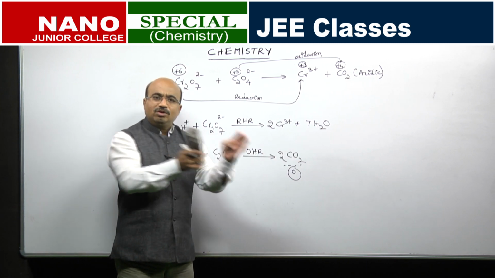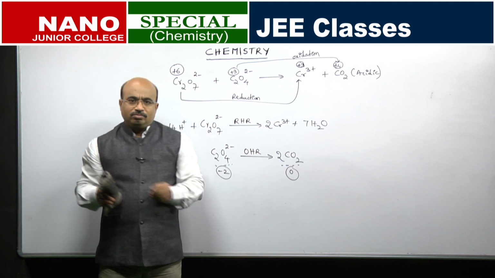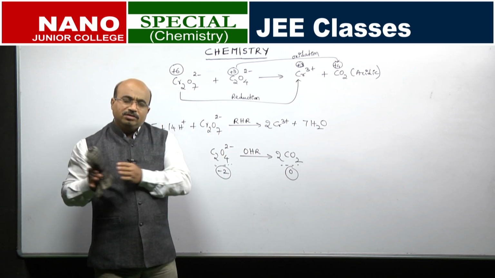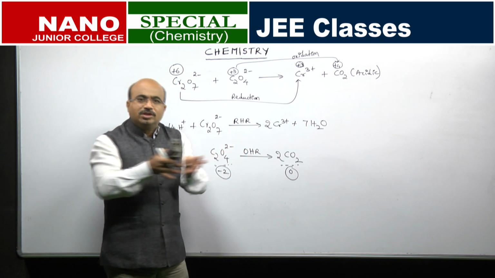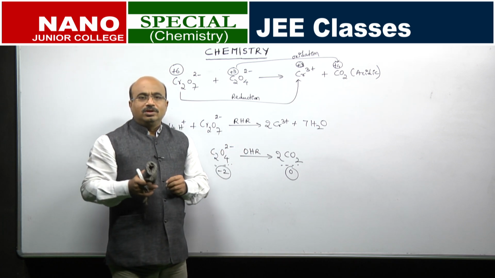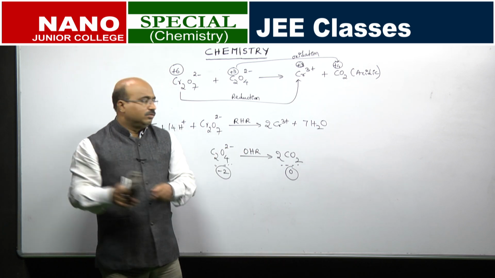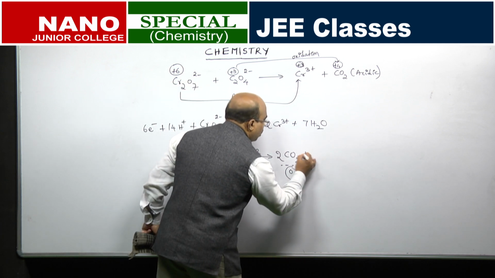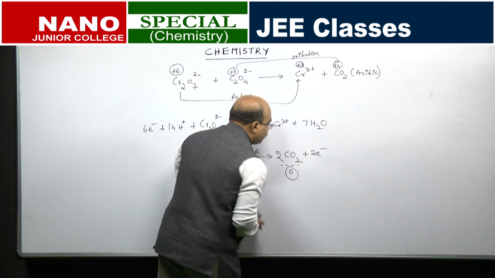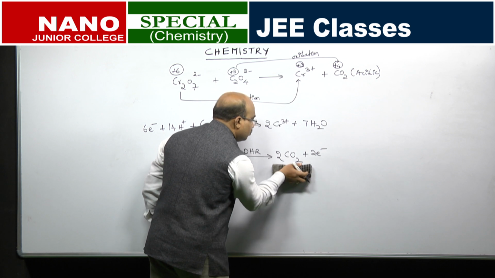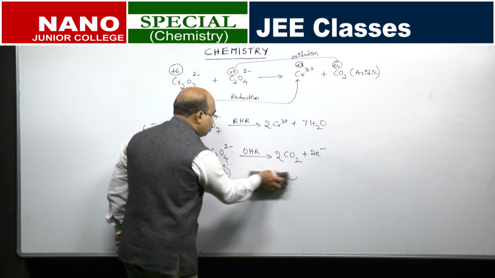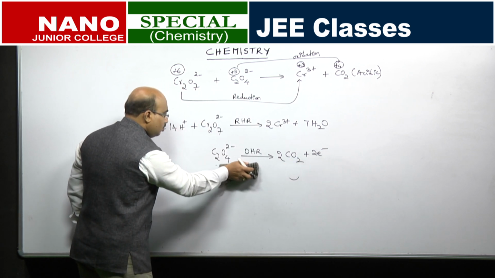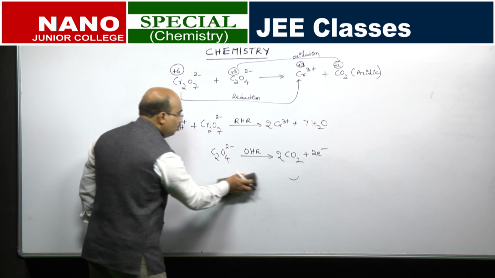We are bringing the 0 charge to minus 2, reducing it, because adding electrons means we are reducing the positive charge. So, 2 units of charge is less, you have to reduce. So, add 2 electrons here. So, let us remove this, which you can do on the side also.